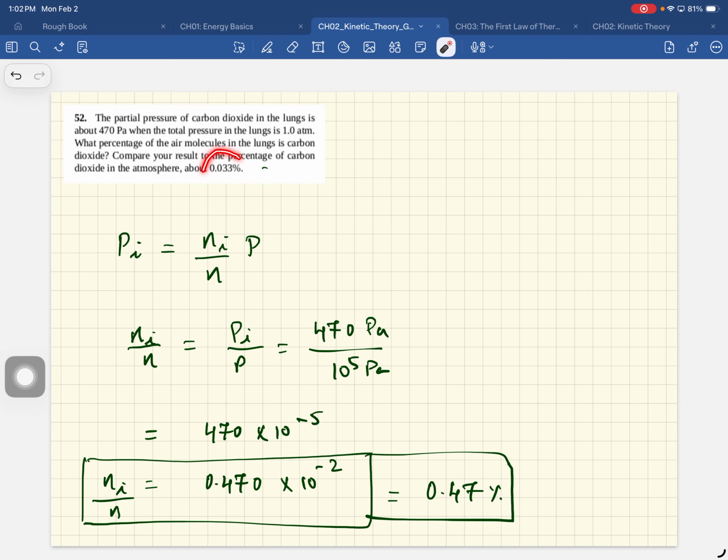Okay, so once the air exchange has taken place in your lungs, the concentration of carbon dioxide in your lungs is 14 times that in the outside air. Okay. And that's what that says.